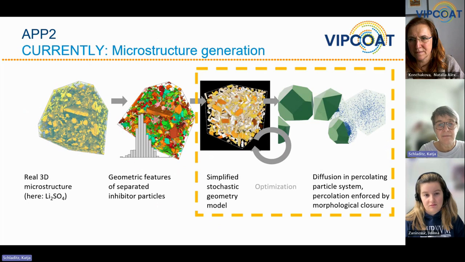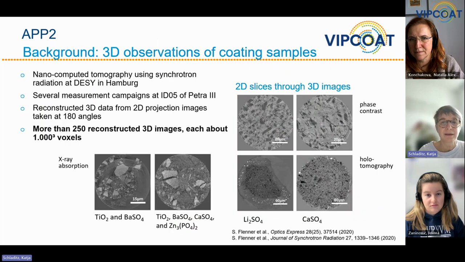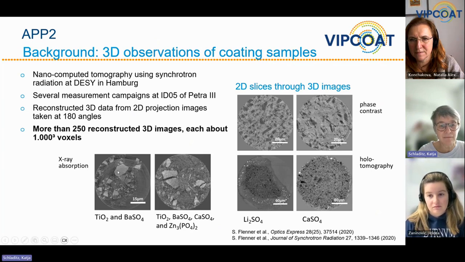Currently, the app covers just the geometry generation part, but behind that is the observation of many, many pigment systems. We started off with nearly real samples having 3 different inhibitor particles plus titanium dioxide, but then realized in order to really observe them in 3D and to derive the needed geometric characteristics, that was a bit too complex.